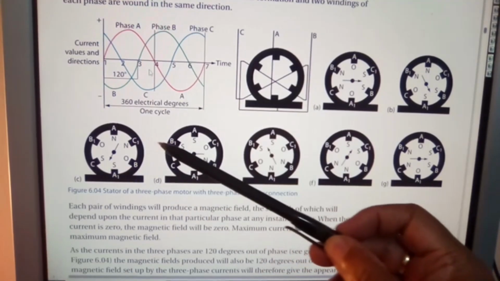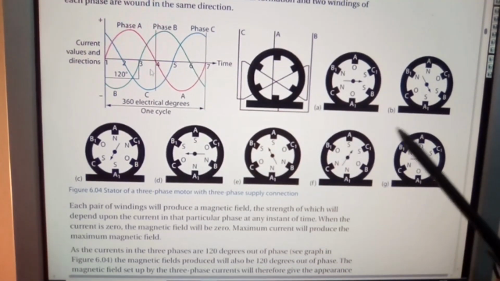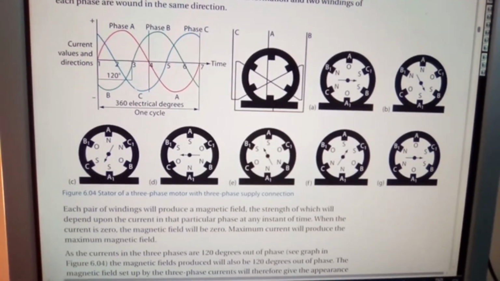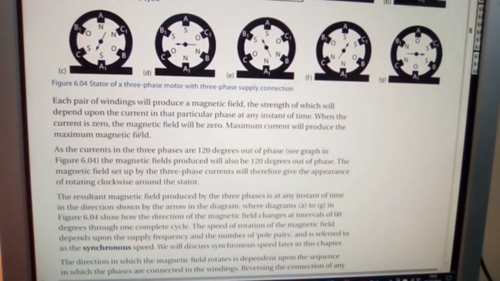Then it moves around, simply moving all around, coming back to its original point of starting. But that is for you to make sure you understand the concepts. Do a little bit of groundwork for yourself as well.